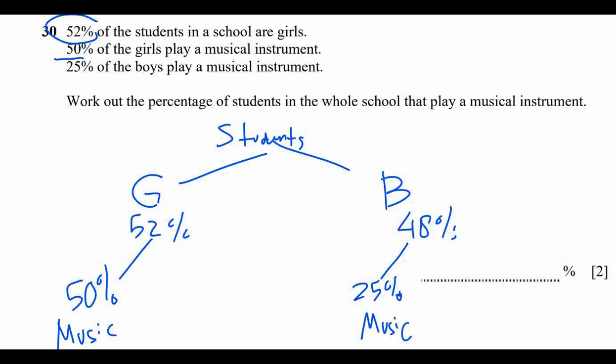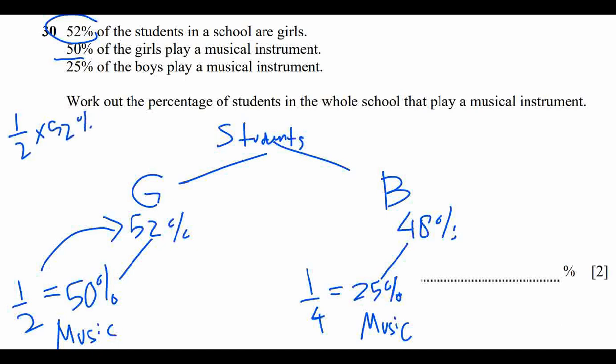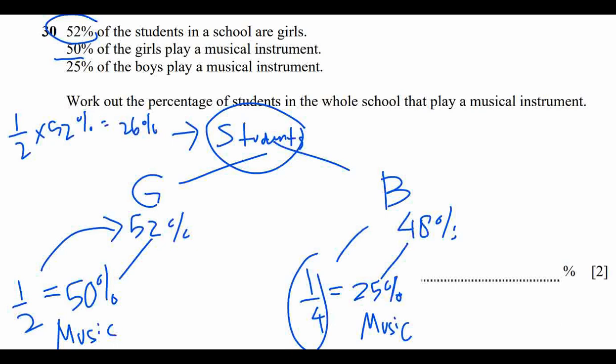So this is an easy percentage. 50% is the same as half, and 25% is the same as a quarter. So half of 52% is 52% divided by 2, so it's 26% of the whole student body for girls, and a quarter of 48%, it means 48 divided by 4.